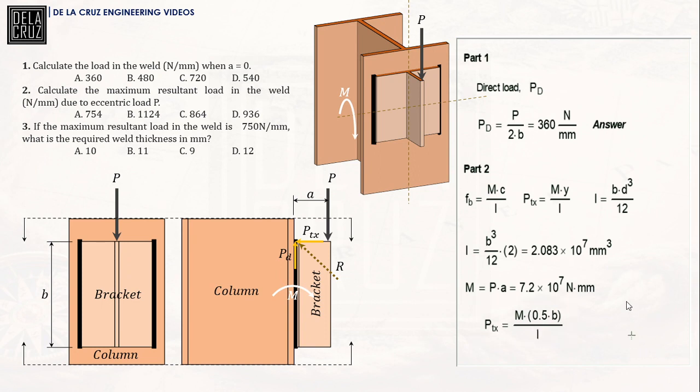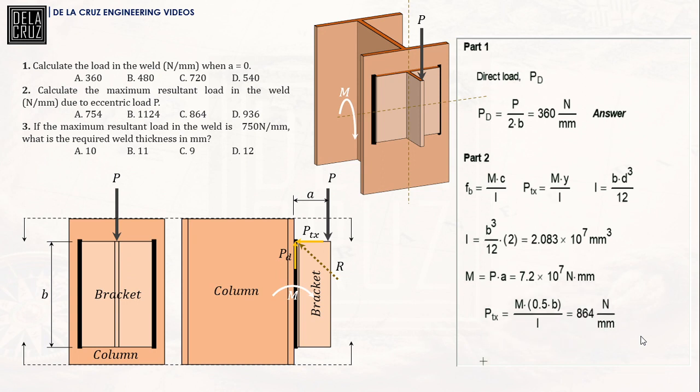Okay? We divide by the inertia, and this value should be in newtons per mm. That is 864. Now, as you can see, this value is in the choices. But that's not yet the answer, no?